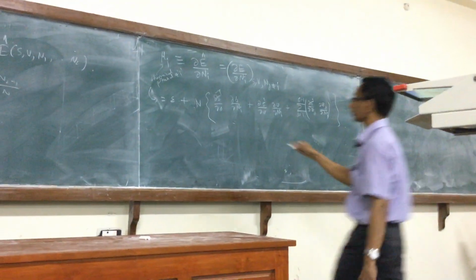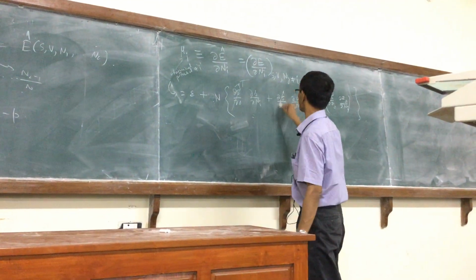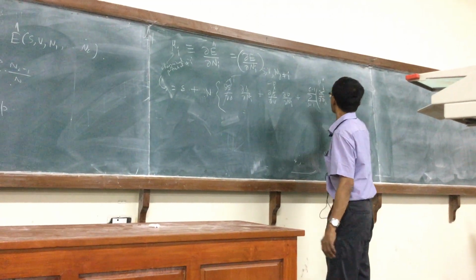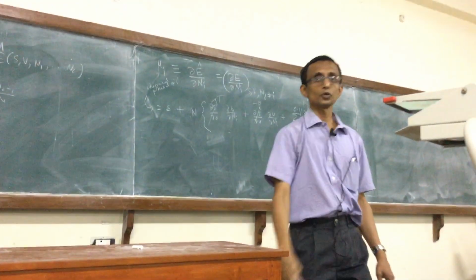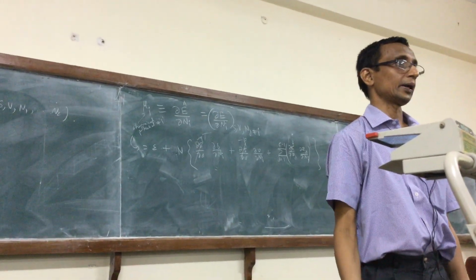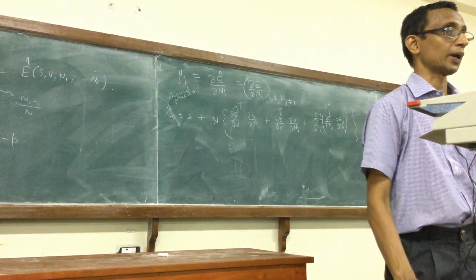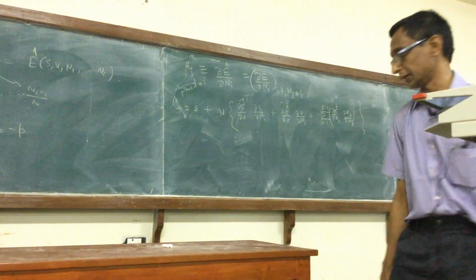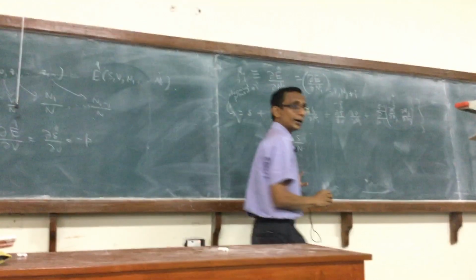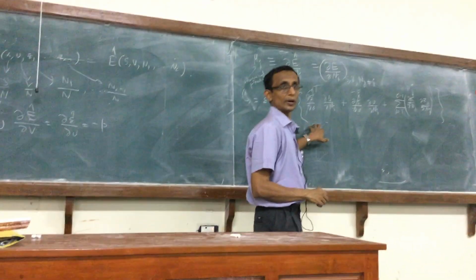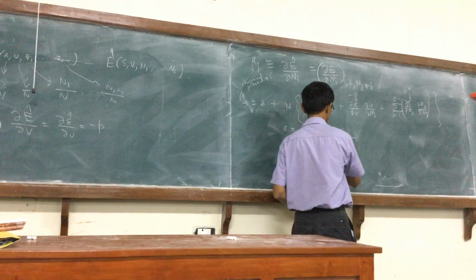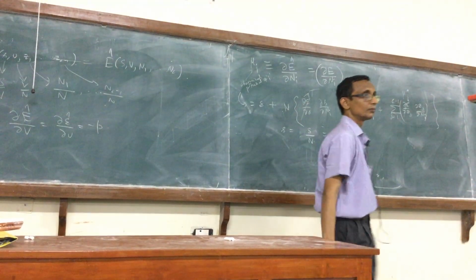This is what we have. Clearly this is already known to be T, this is minus P, and this is mu A star. So those we know. All I have to do is calculate dS by dNi, dV by dNi, and dZj by dNi. The first two are going to be quite easy, because I have s equal to S over N, and here instead of differentiating with respect to Ni, I have to write this as S over the sum over j equal to 1 to C of Nj.